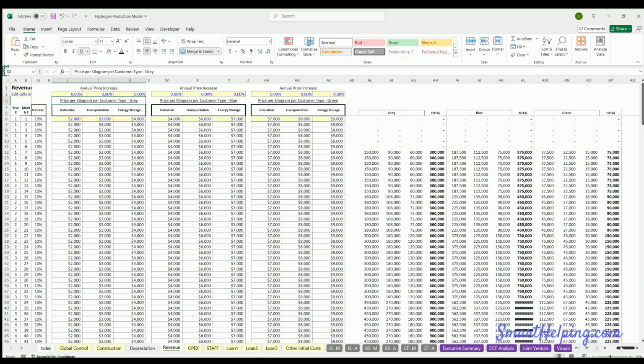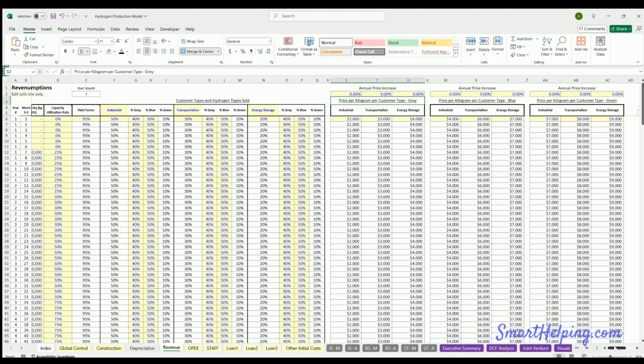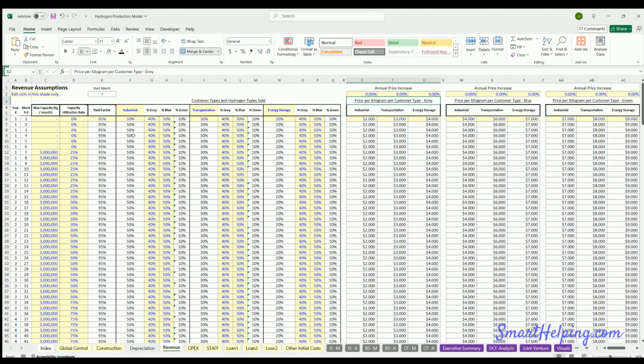Over here, you can see we differentiated what is being sold by customer type and segment and hydrogen type, but we don't know what's produced by type, and that's the production is key for variable cost, because even though you don't sell all of it, it's going to cost you a certain amount to make it.